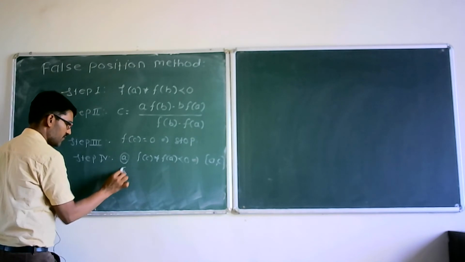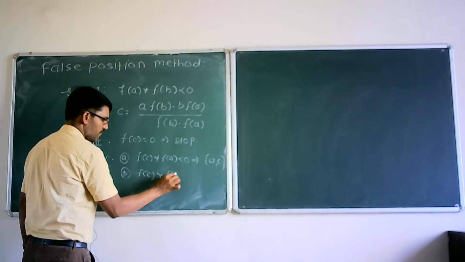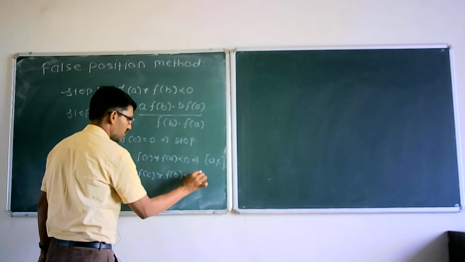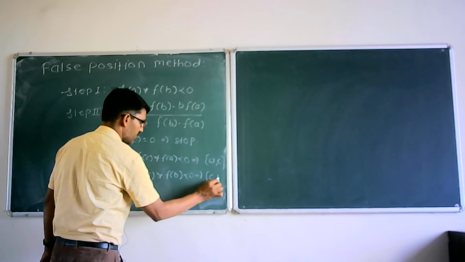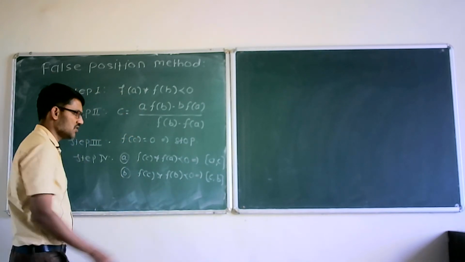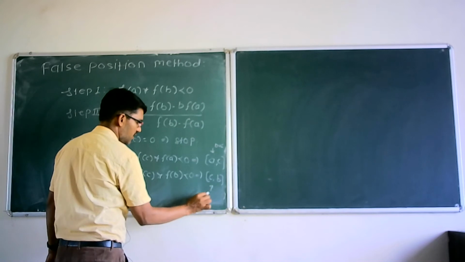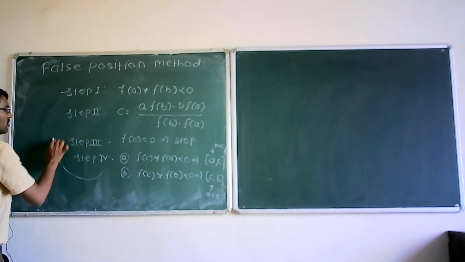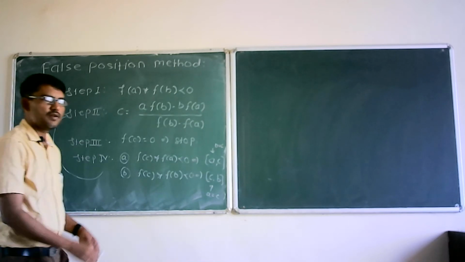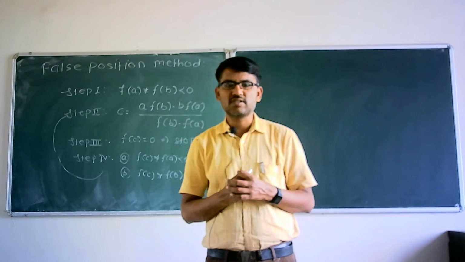And if f of c times f of b is less than 0, then your root lies inside the interval cb, meaning a is equal to c. And again go to step 2. Repeat this process until you get the desired root accuracy.